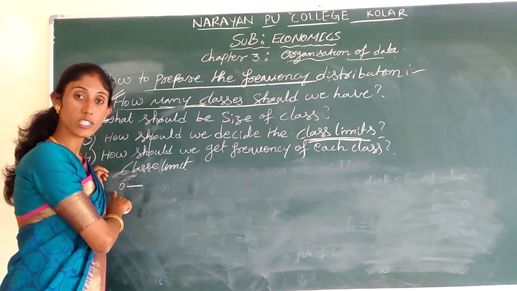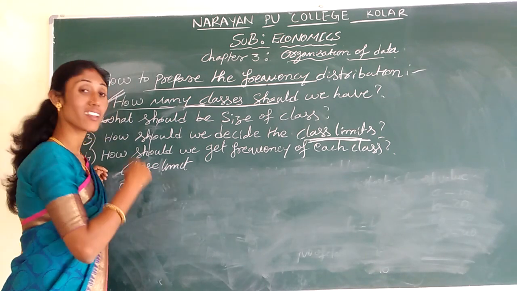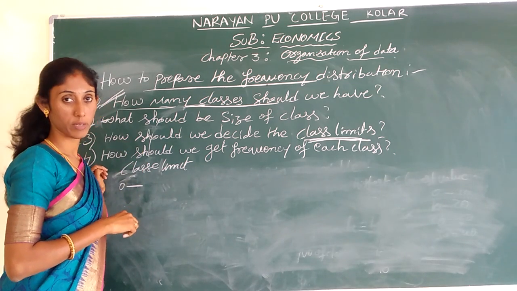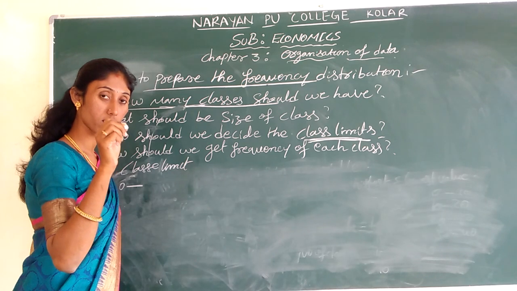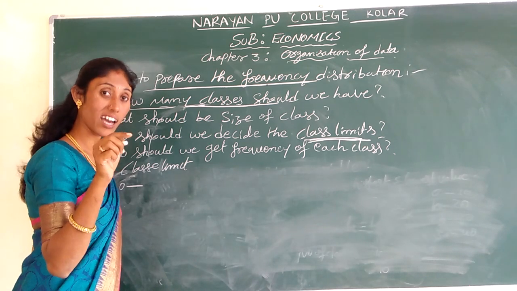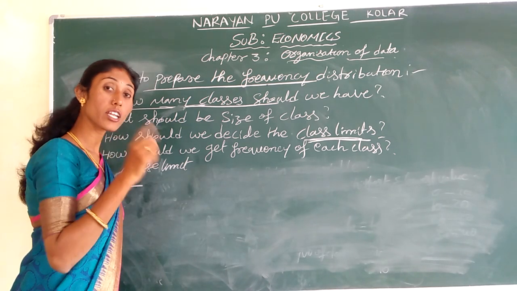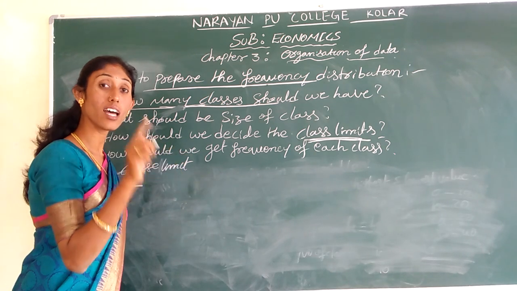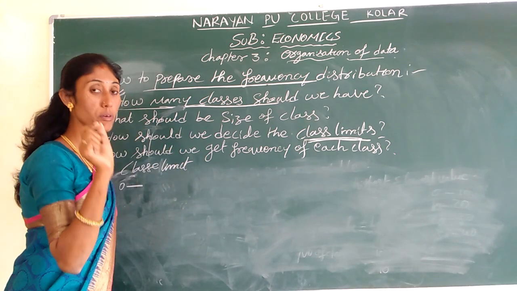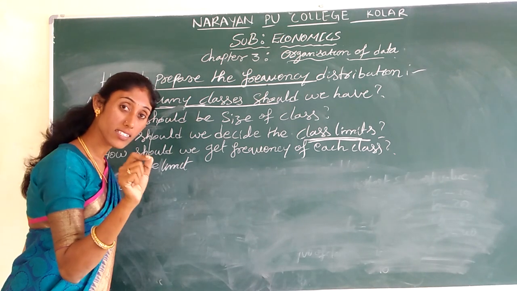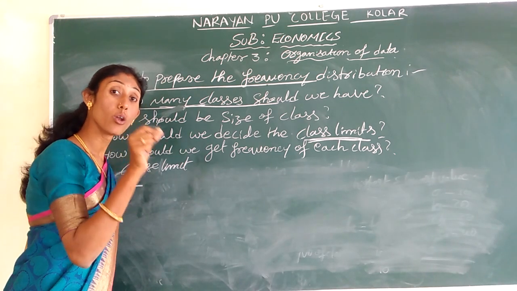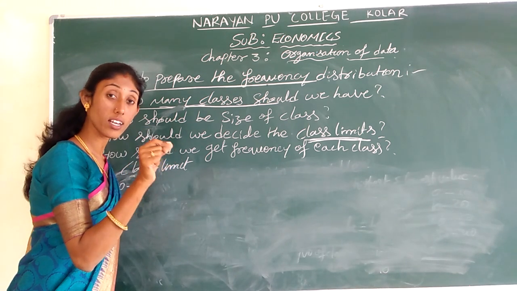Then how will we decide the upper class limit? By adding the class interval size to the lower limit of the class, we will get the upper class limit of that particular class.